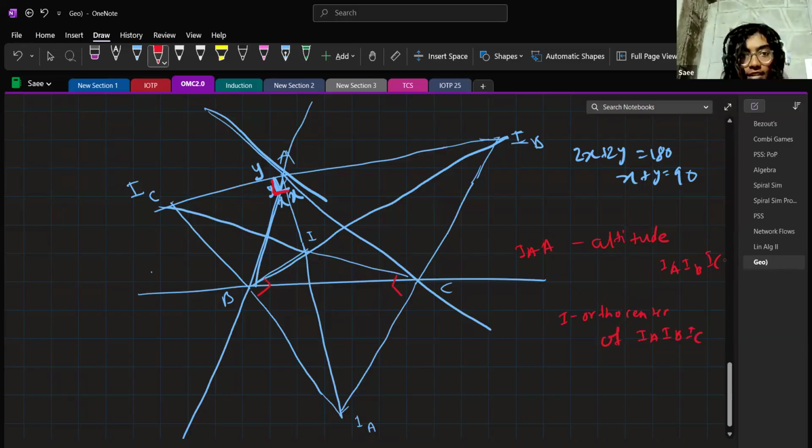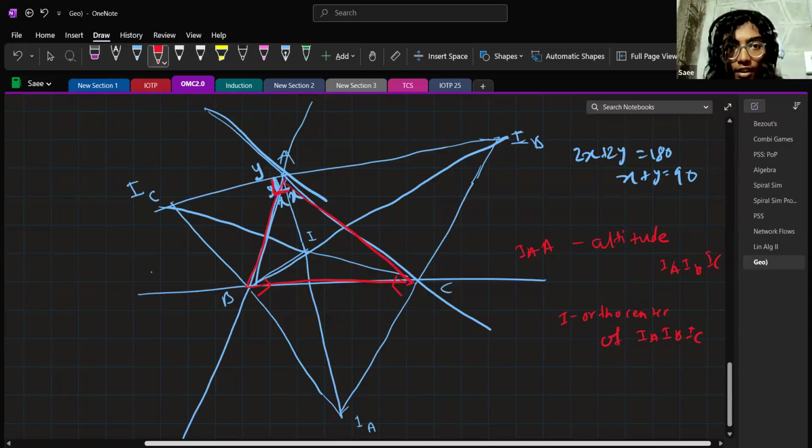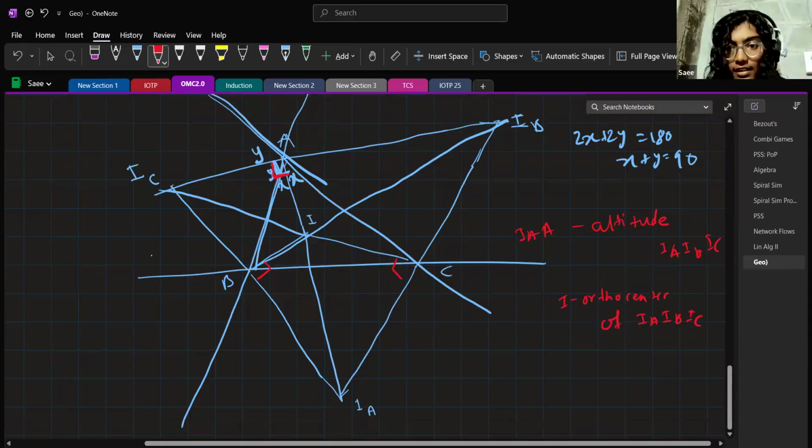And ABC is known as the orthic triangle of IAIBIC.